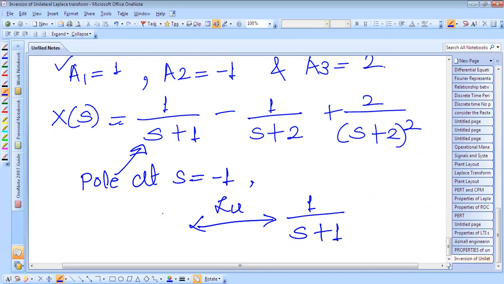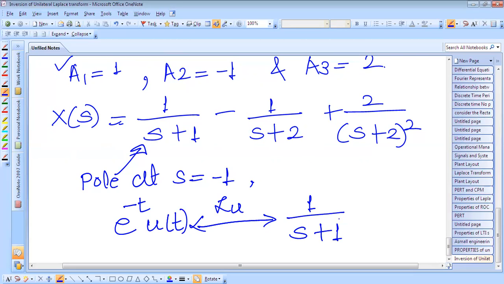So what will be its corresponding function in time domain? So s plus 1 means e raised to power minus t here, and this is u of t, that is unity function. So e raised to power minus t into u of t. The Laplace transform of this is 1 over (s plus 1). So this is the first term.